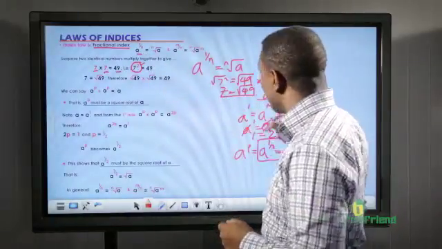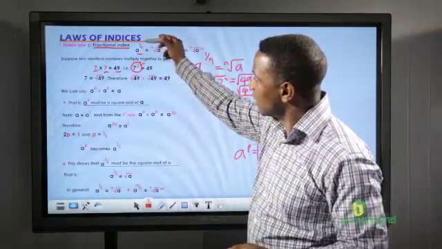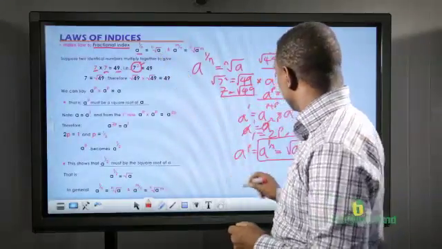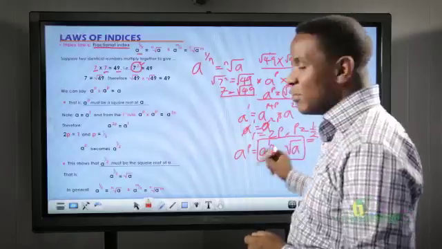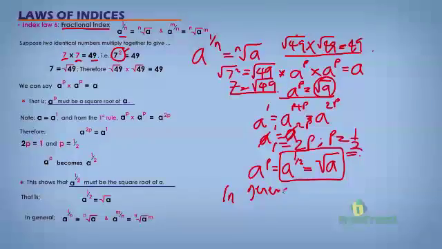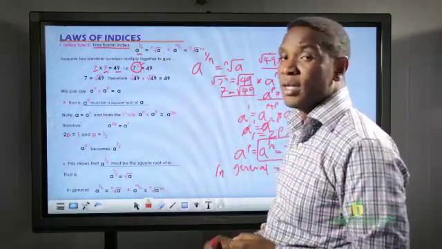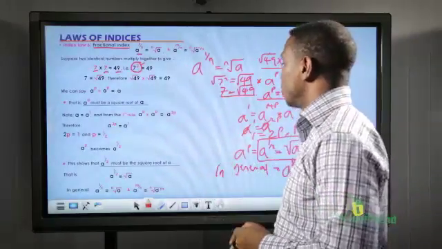In this instance, n stands for 2, and of course our root a here being a square root. So in general, we say the fractional power 1 over n of any quantity a will give us the nth root of that quantity. And this is a proof of our law over here. It proves that our law is obviously correct.